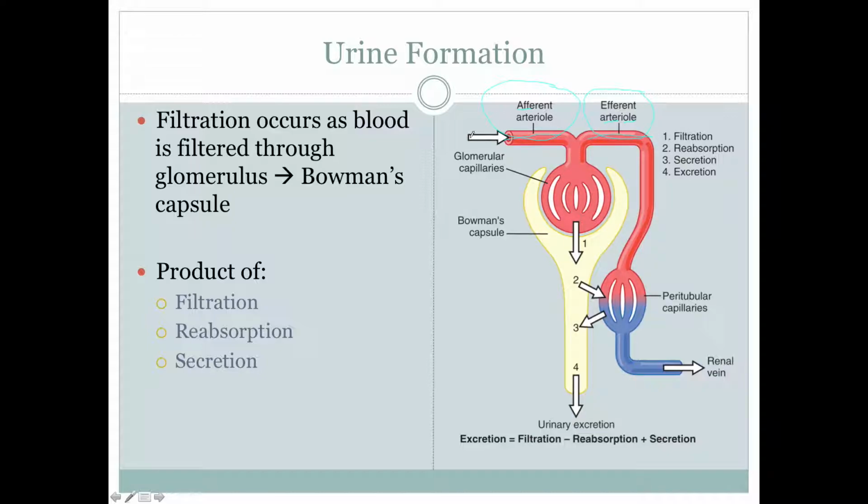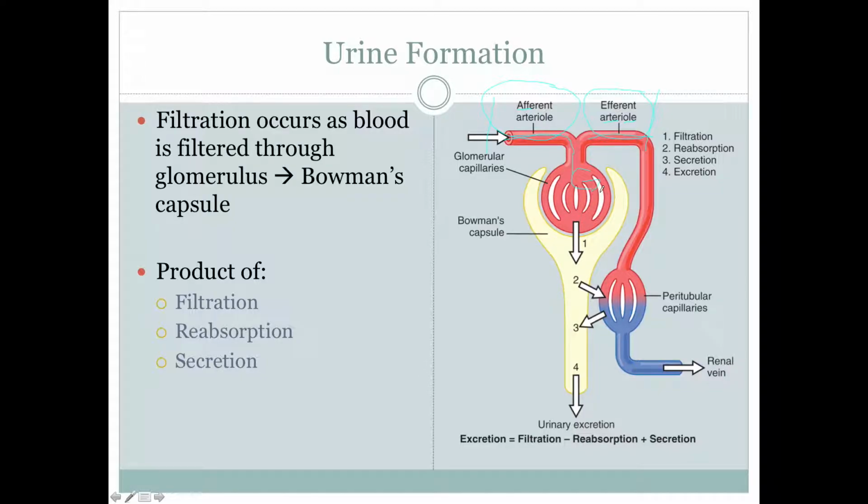So all of the products in the bloodstream, again, are going to be squeezed into smaller and smaller vessels until they get to these areas of physiologic action, these arteriole areas. So the blood is going to come in at a really high pressure in this afferent arteriole and enter the glomerulus.